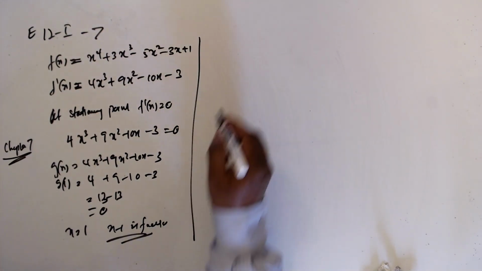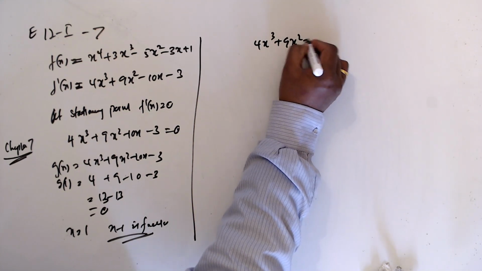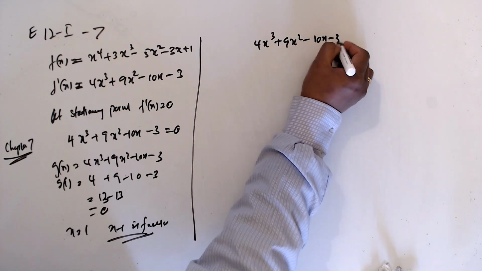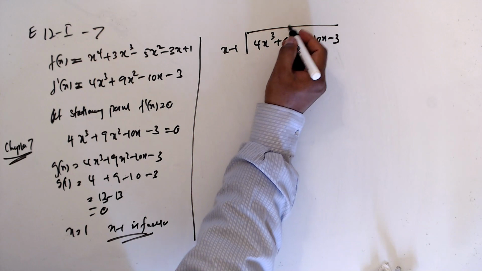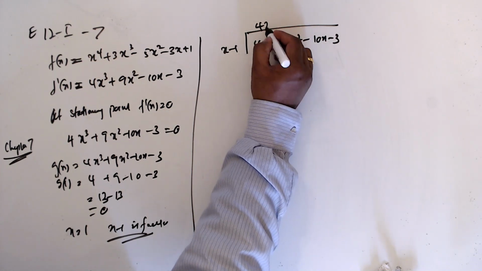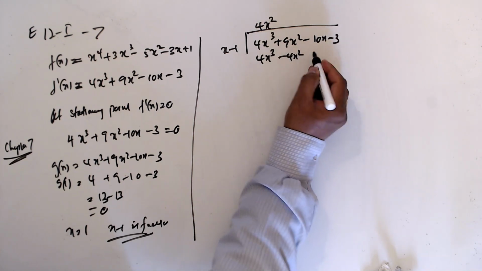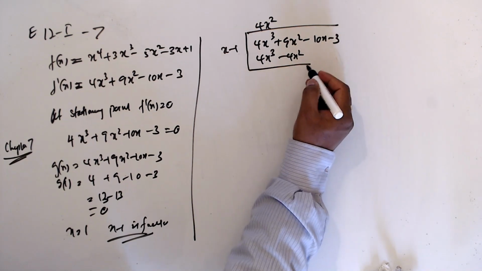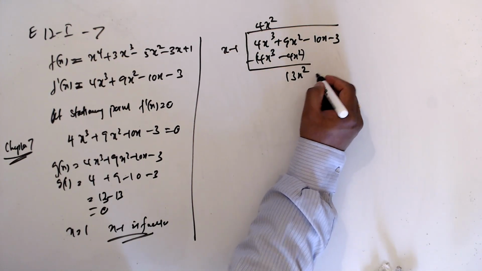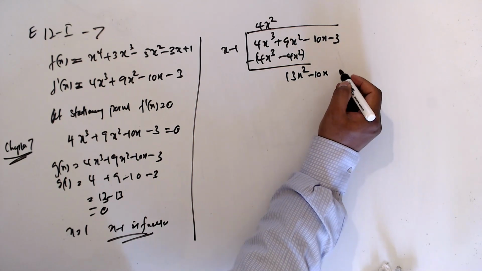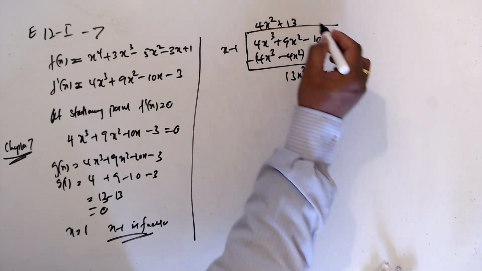So we'll divide 4x cubed plus 9x squared minus 10x minus 3 by x minus 1. So this is going to be 4x squared. This is 4x cubed minus 4x squared. That is 13x squared when you subtract those two, minus 10x minus 3, then plus 13x.